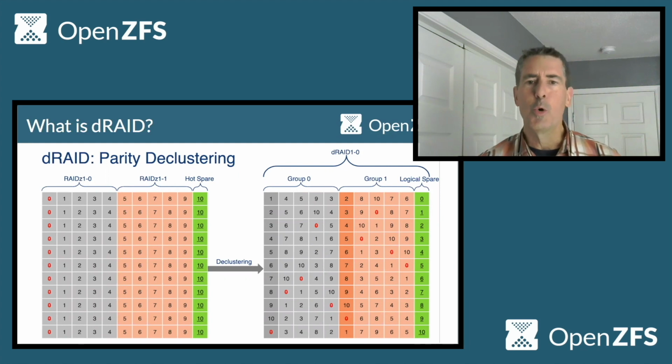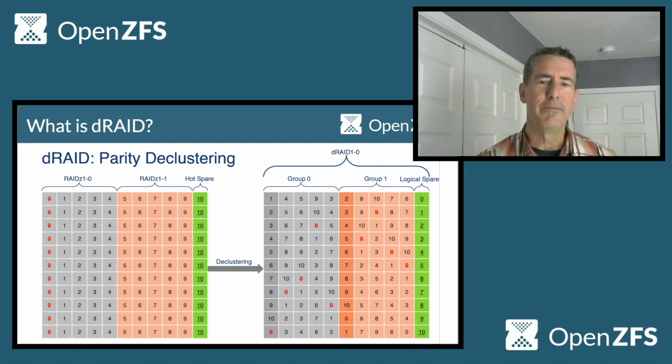The contrast of that as a dRAID would be to say, all right, I want a dRAID defined with a group size of 5 across these 11 drives, with one of the drives being a spare capacity drive.